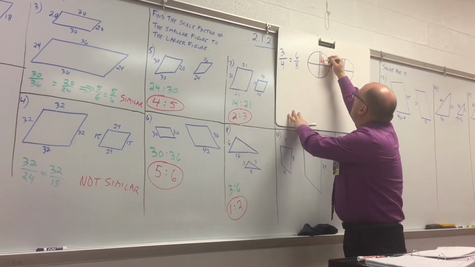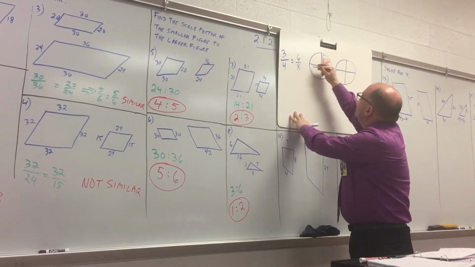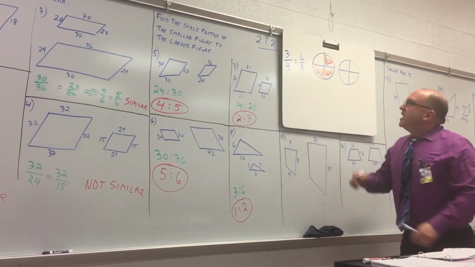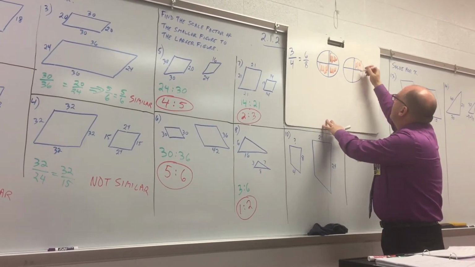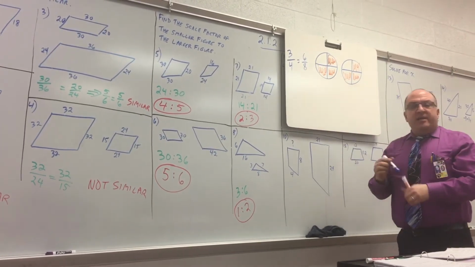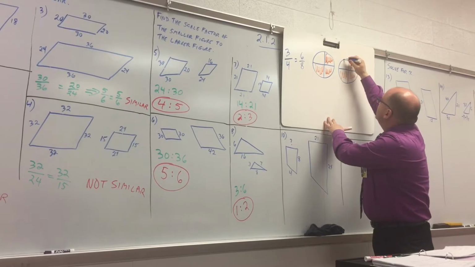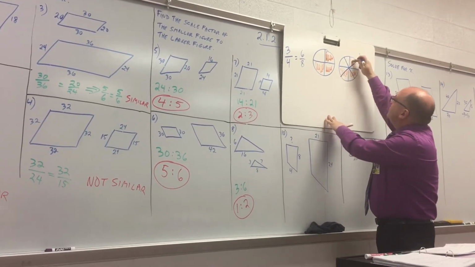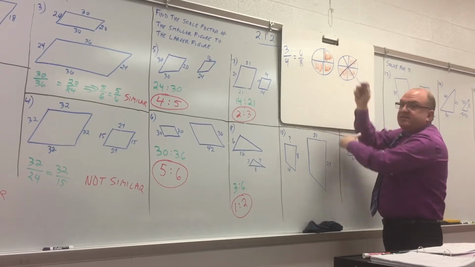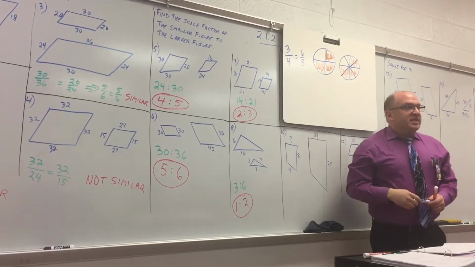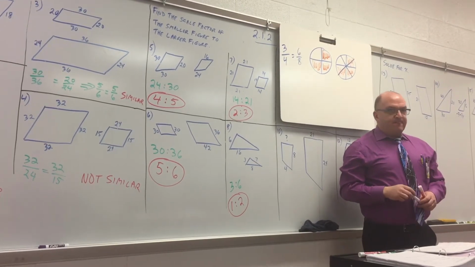Here is 1/4, 2/4, 3/4, correct? But if I break this up into eighths, would you agree that it's 1, 2, 3, 4, 5, 6 eighths? 3/4 is equal to 6 eighths.